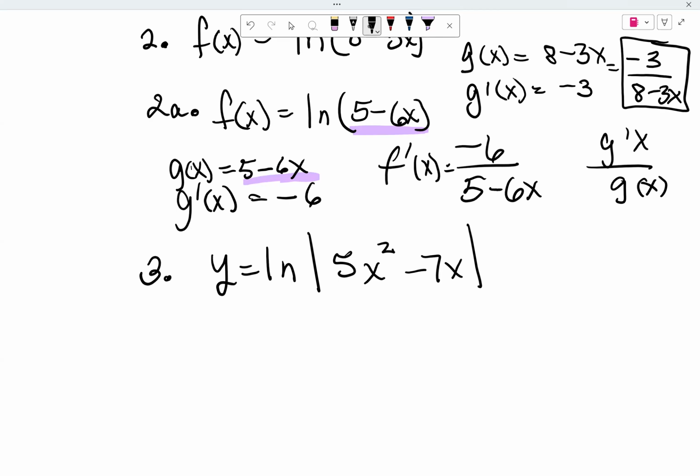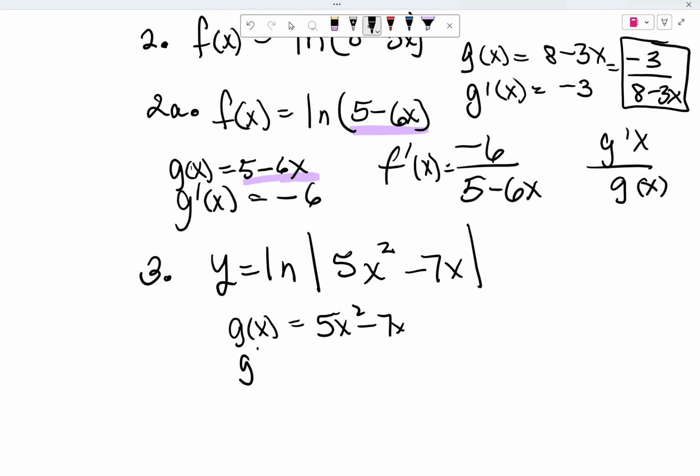Very similar concept. First of all, my g of x, forget about the absolute value signs. It's simply 5x squared minus 7x. Done.